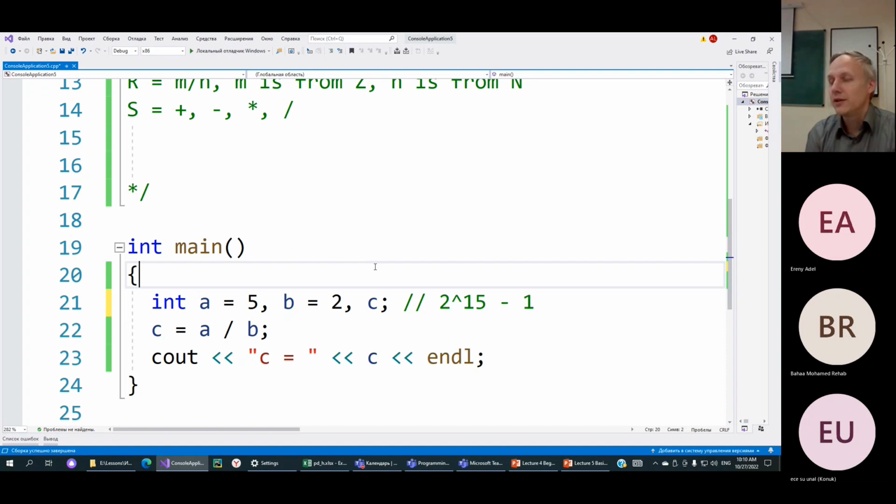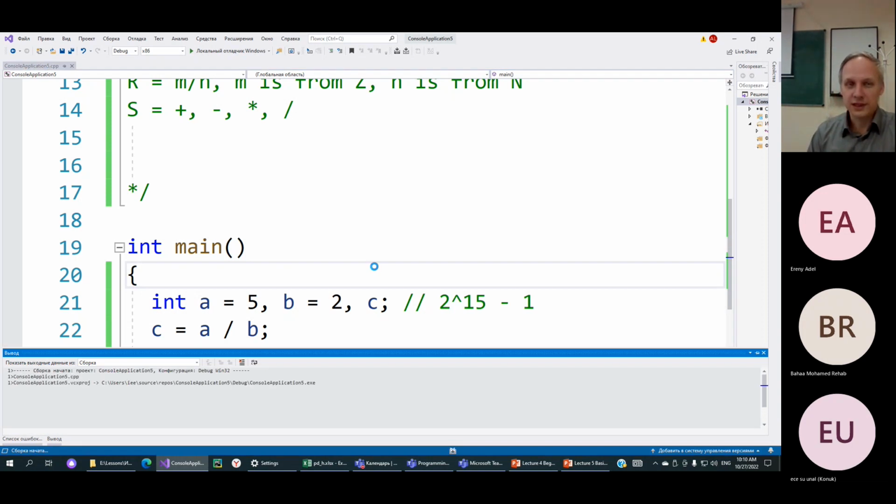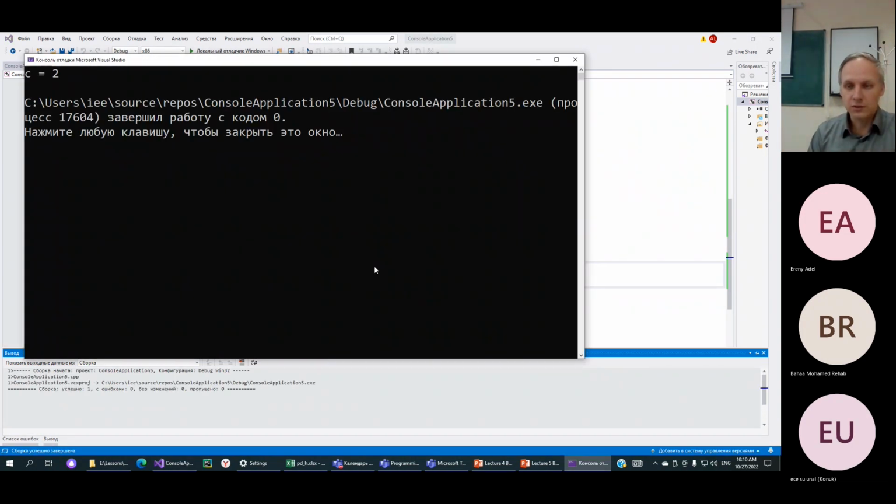The real result of this operation in mathematics equals 2.5. But here the result will be 2. This result corresponds to the integer part of the result.